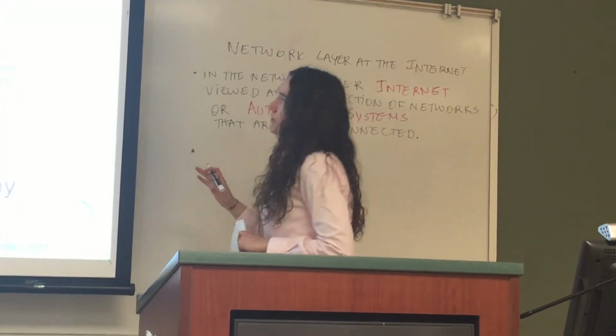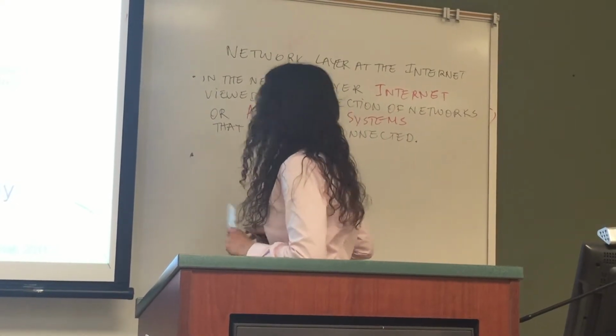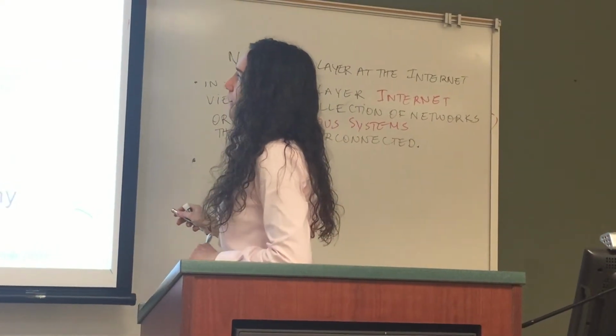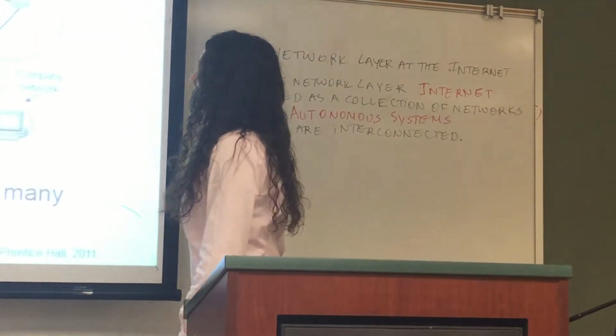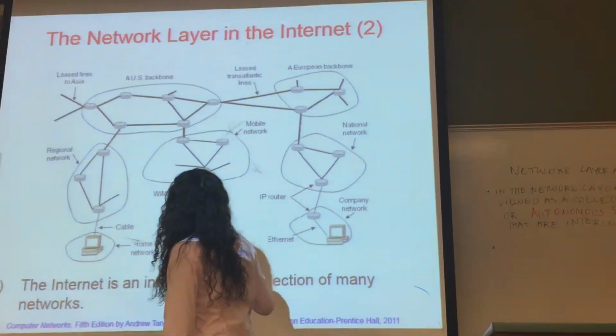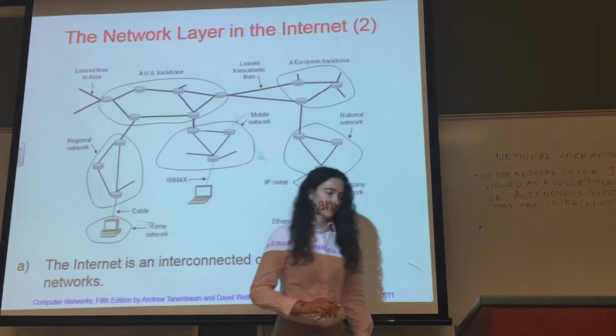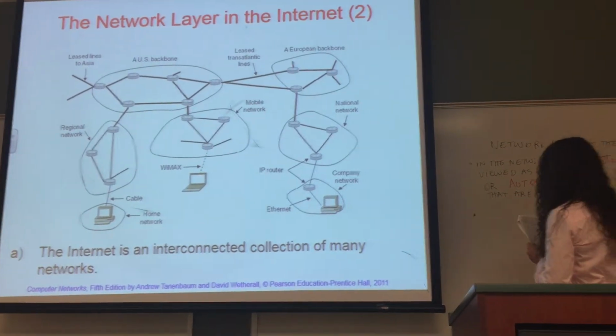In that picture, we have several backbones that exist. These are the backbones. They are constructed of high bandwidth fiber optic lines that go across continents. These are called the Tier 1 lines.